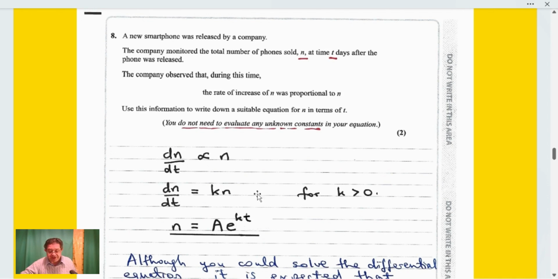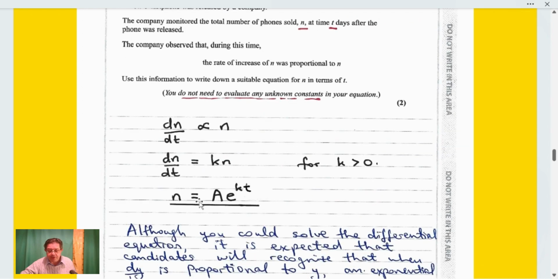Now, hopefully you will recognize that when you have a situation where the rate of change is proportional to the value itself, to N, we are going to get an exponential situation, N equals Ae^(kt). And you can simply write that down as your equation, your final answer. A and k do not need to be evaluated. In fact, we can't evaluate them.